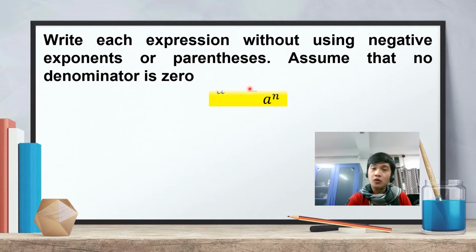A while ago, we discussed that any number a raised to a negative exponent, for us to remove the negative exponent, we get the reciprocal or simply 1 over a raised to n. So ito po yung gagamitin nating rule as we answer yung mga examples dito sa ating slide.